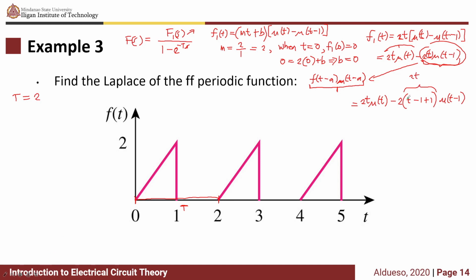Next is we need to group these 2 and then multiply u of t minus 1.